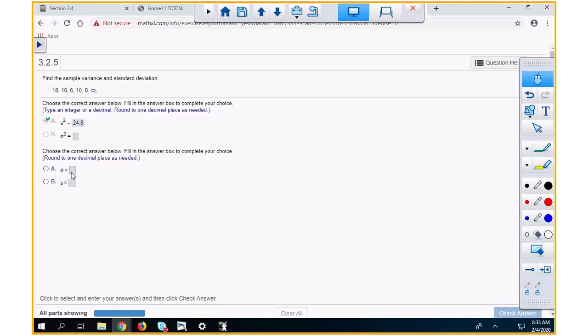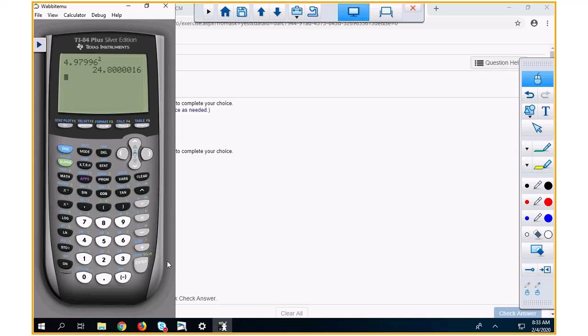What do they want now? Well, what's the standard deviation? What was it on your handy-dandy calculator? What was SX? Stat, calculate. I'll just do it myself. Y'all settle down. SX is 4.98.